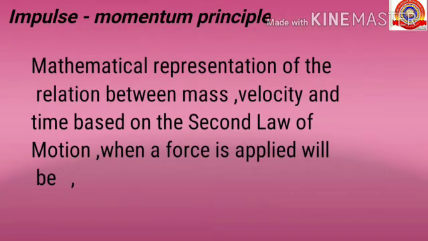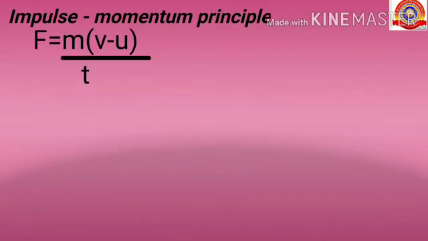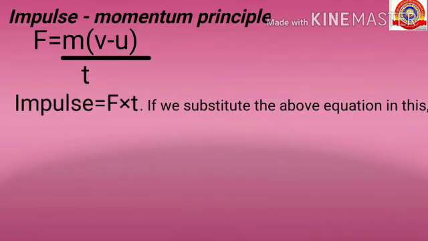Next one, impulse momentum principle. The mathematical representation of the relation between mass, velocity and time based on the second law of motion when a force is applied will be F equals m into (v - u)/t, and we know impulse equals F into t.